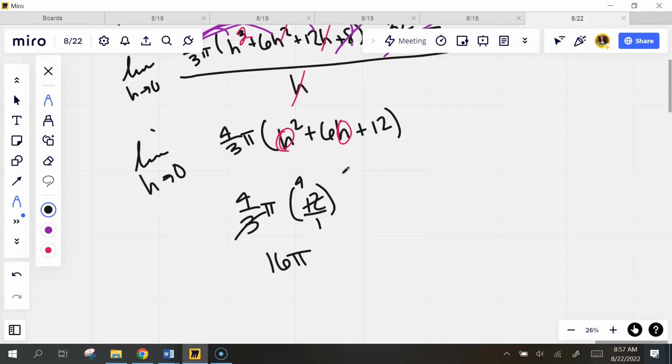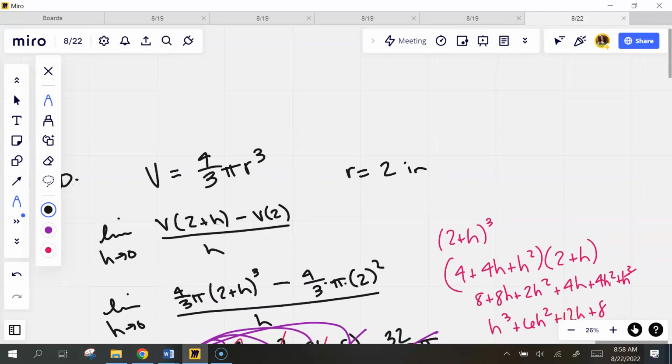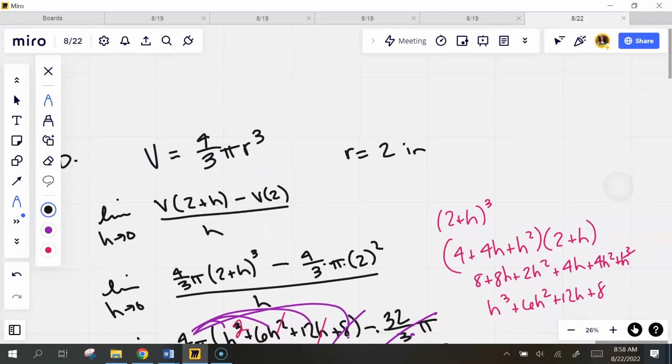Multiplied through. Now I need my units because units are crucial. Remember, it's rate of change. So it's the y value, right? Because it's rise over run. So what units is my y, or my volume, in? Inches cubed. Per, what is my other variable here? What are the units of my radius?